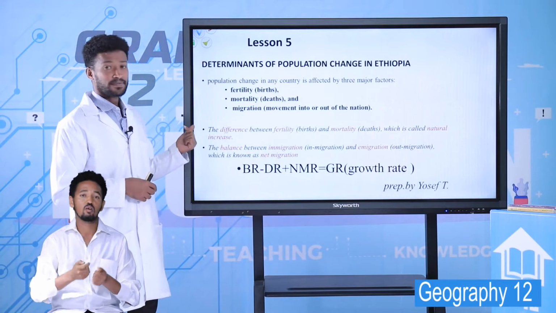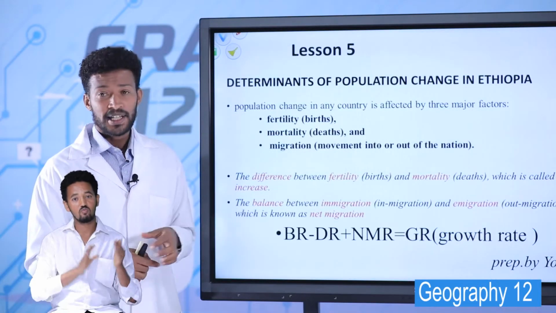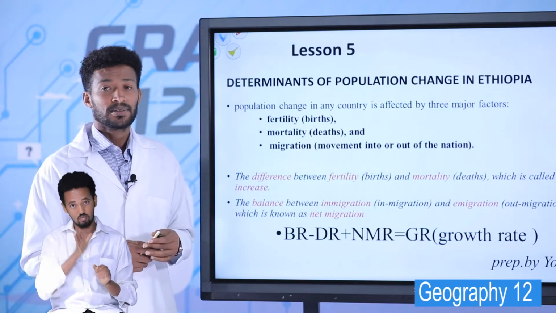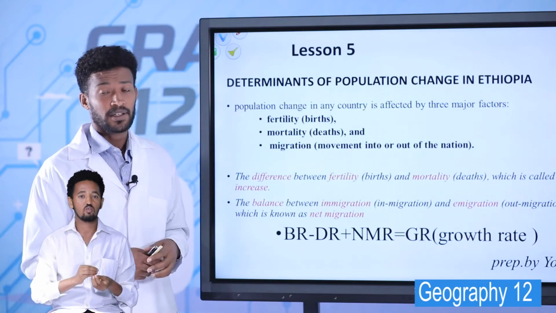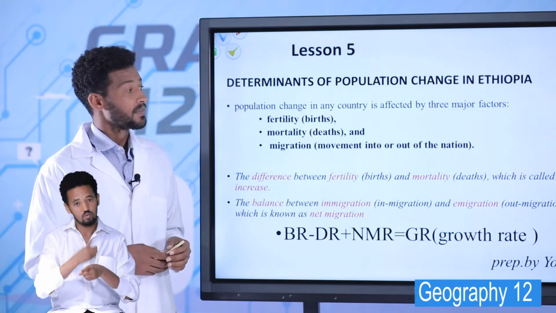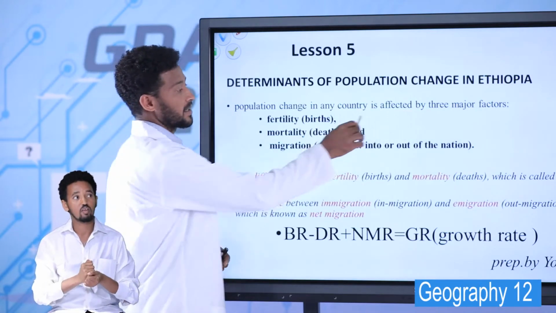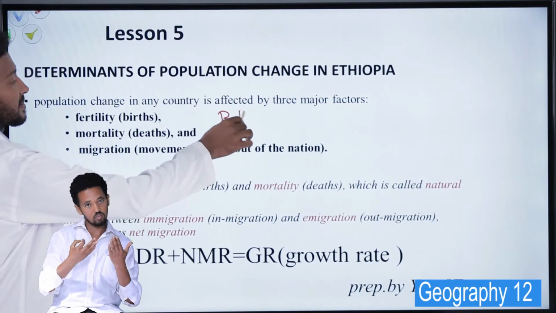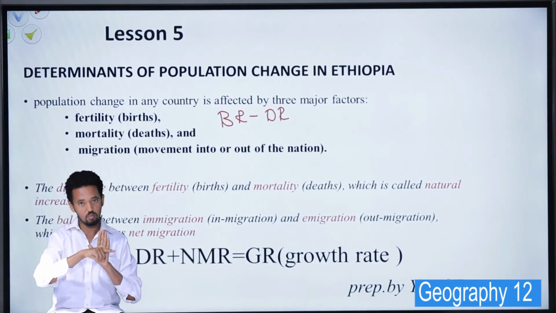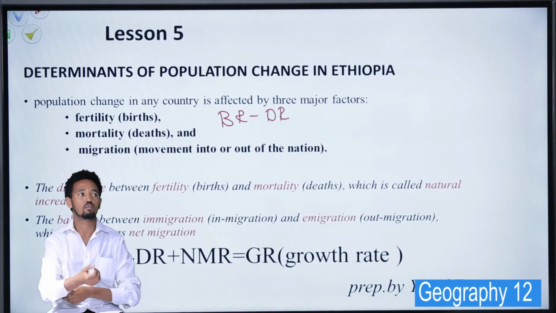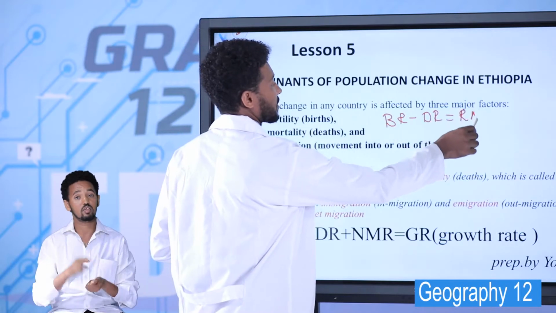For example, if you see the difference between fertility and mortality, we find the rate of natural increase. In short, the rate of natural increase is calculated by birth rate minus death rate. This gives us the rate of natural increase.